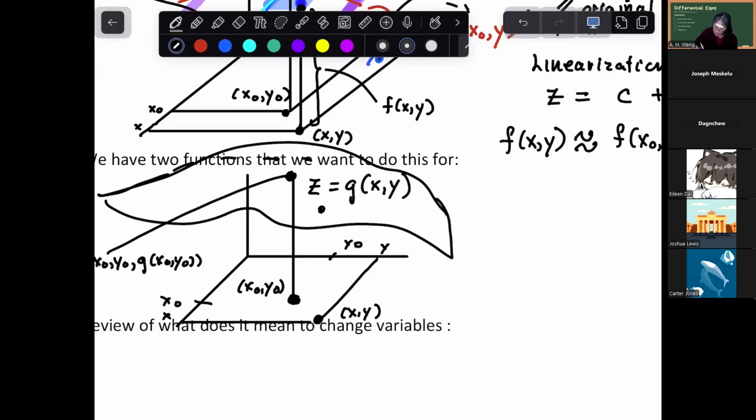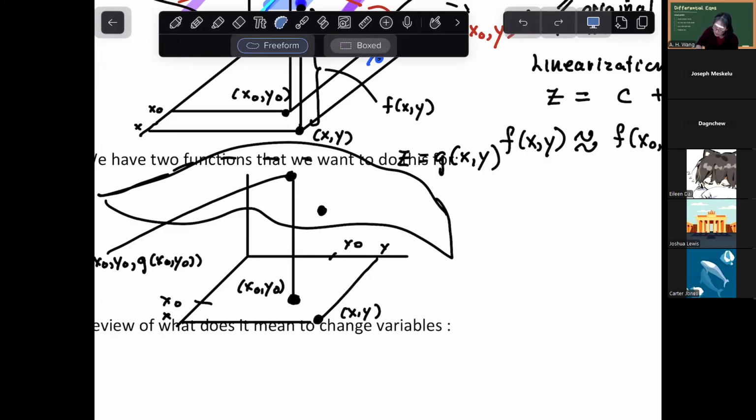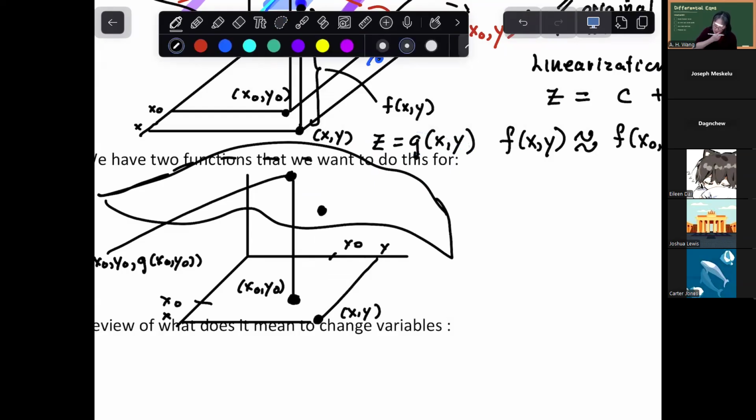So this is its true value right here. This is g of xy. I'm going to take this guy and move it off to the side so it doesn't run into everything. Okay, so this is the actual g of xy, the actual height. You want to approximate it because it's curvy, so it's hard.